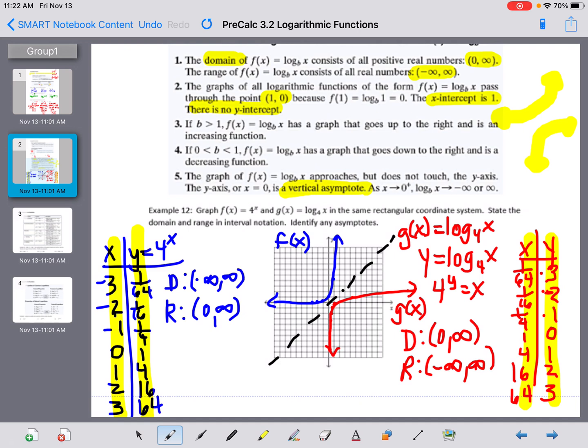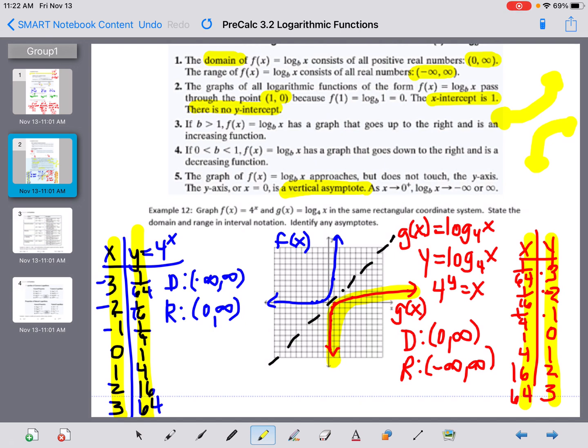Okay, so some key ideas. This is what your normal graph is going to look like for a logarithm, okay? It's going to start over there and it's going to come from that fourth quadrant up to the right in the first, okay? That's kind of my, quote, parent function for any logarithmic, okay? And that's what we're going to base everything on, or we're going to do my transformations off of that.